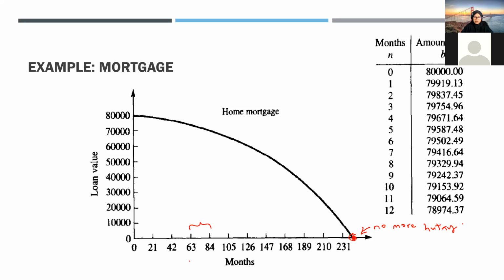So you can see that the amount that the parents owe is somewhere in between 70,000 and 80,000. And the rest is the balance right here.